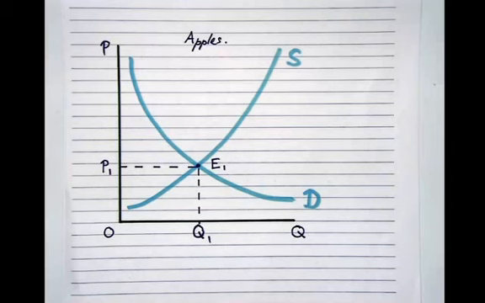The problem is, they haven't looked at the initial impact. The initial impact is not on the seller. If the quality of apples improves, the initial impact is on the demand, the buyer. If you're a seller, you're not going to just sell more apples just because the quality of apples has gone up.